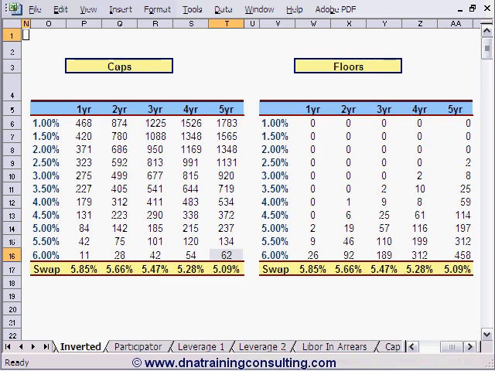Indeed, we see that a 5-year floor struck at the same 6% level as the 5-year cap would earn a giant 458 basis points, which is more than 7 times greater than the premium for the 6% cap.